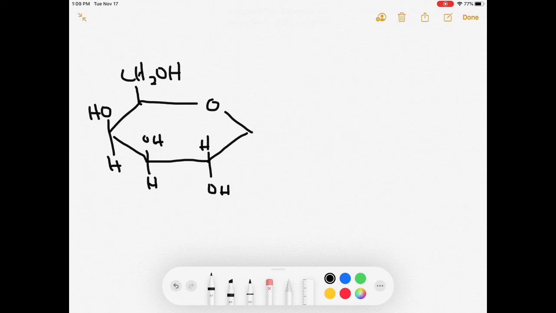Okay, so there's beta-D-galactose. So put a beta, so that means that oxygen's going up. And then alpha-D-glucose. So it's going to link up here on the fourth carbon.